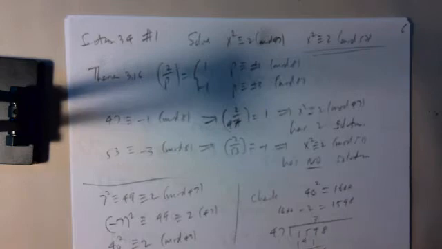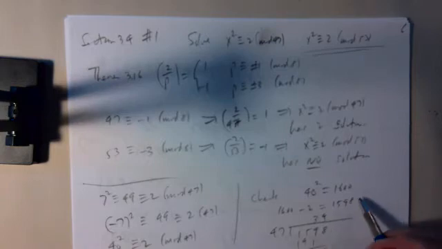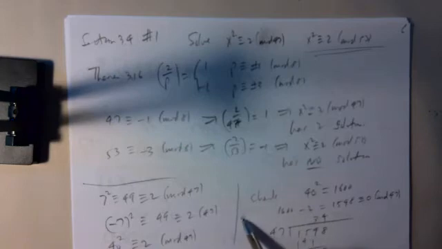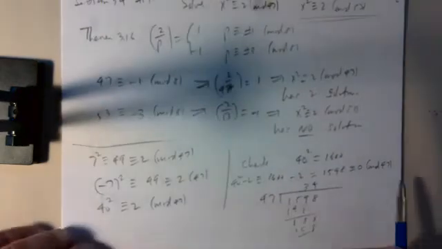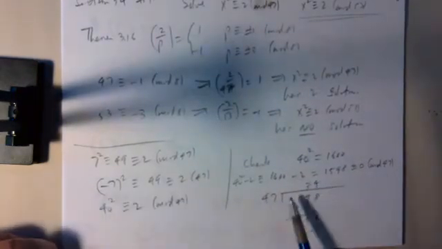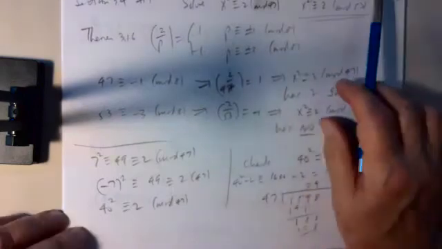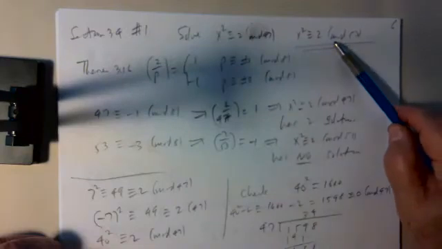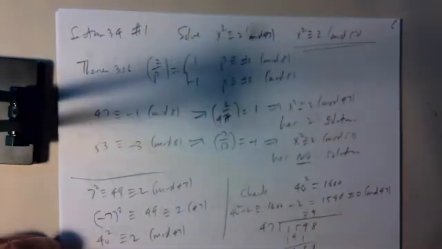And 47 goes into this, I think, 4 times. 4 sevens are 28. Perfect. So this number is congruent to 0 mod 47. So 40 squared minus 2 is congruent to 0 mod 47. So 40 squared is 2. So in any case, for the first congruence, there are 2 solutions, 7 and 40. For the second congruence, there is no solution.